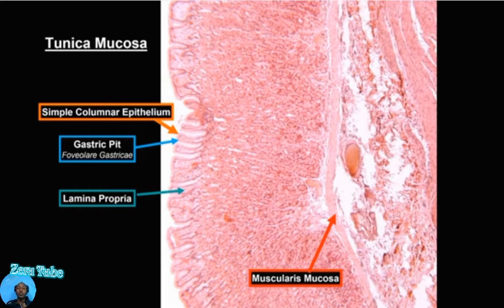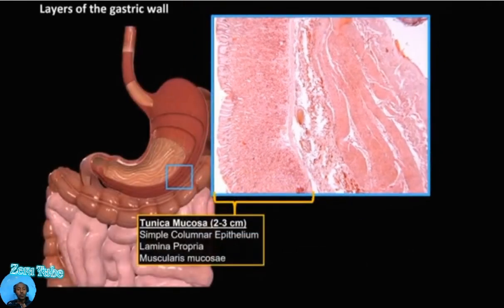So the tunica mucosa, simple columnar epithelium, lamina propria, muscularis mucosa, gastric pit, they form the tunica mucosa which takes around 2 to 3 centimeters. So at the end point, the outer part of the tunica mucosa is muscularis mucosa.